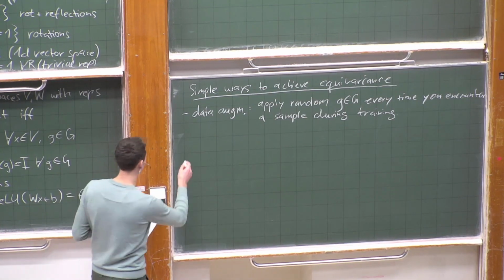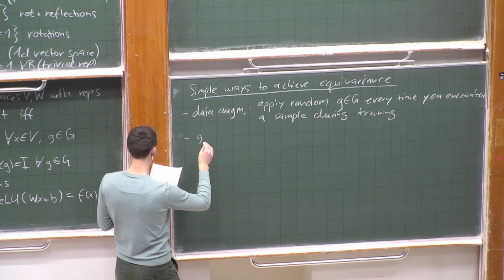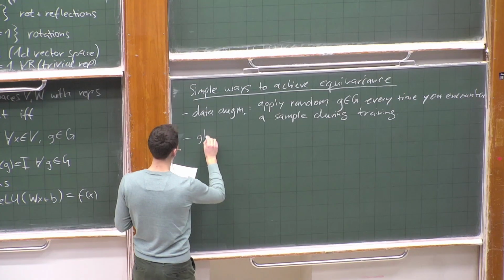This is data augmentation. And then another conceptually simple way of achieving equivariance is global canonicalization.